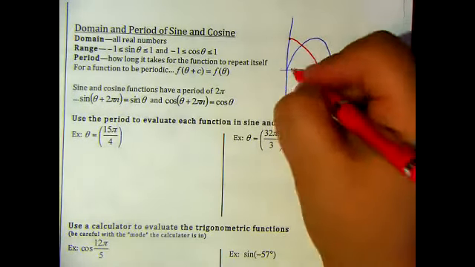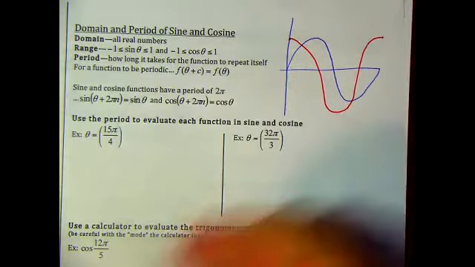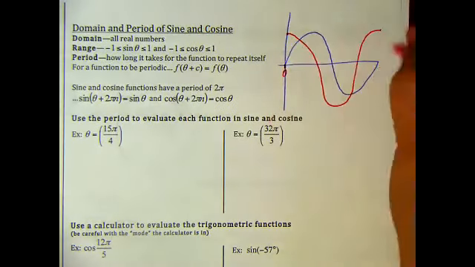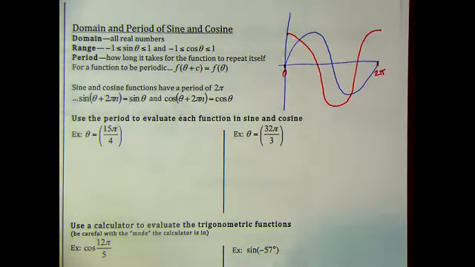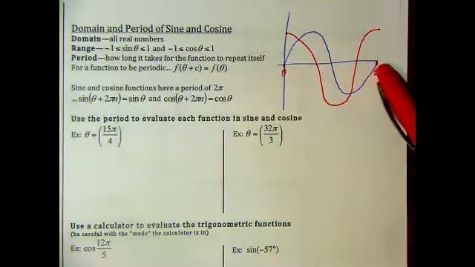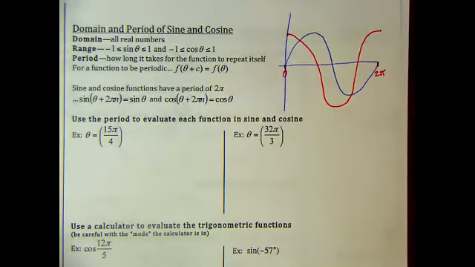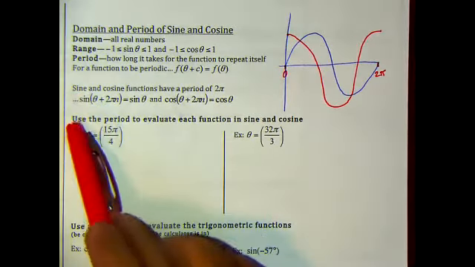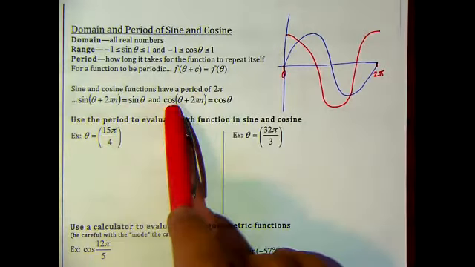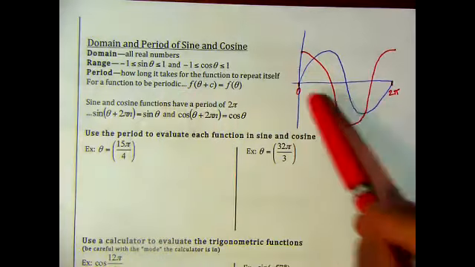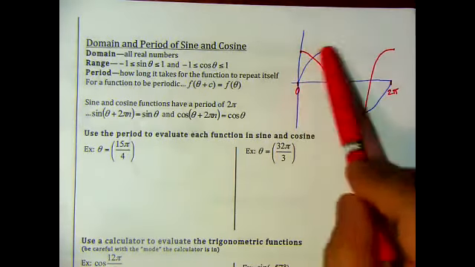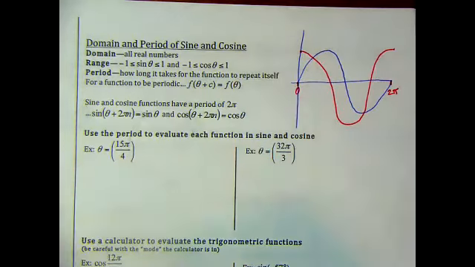But the interesting thing is that each one completes its one cycle from 0 to 2 pi. So every 0 to 2 pi, it repeats its cycle and it just keeps going, right? So every 2 pi. So when we talk about our periods for sine and cosine, we're talking about essentially one full 2 pi, one full rotation.